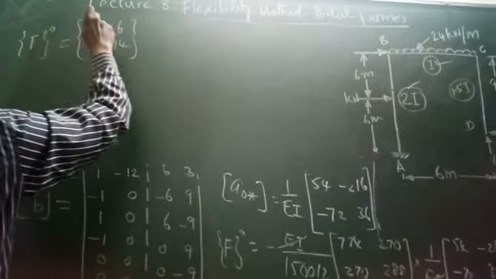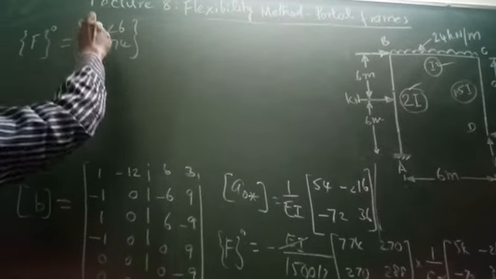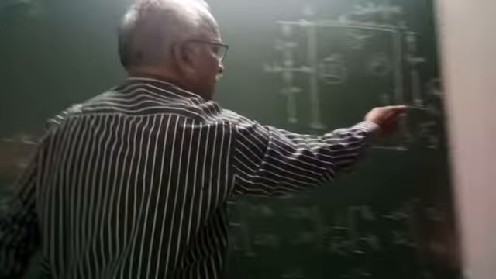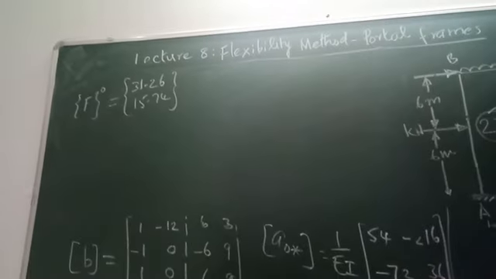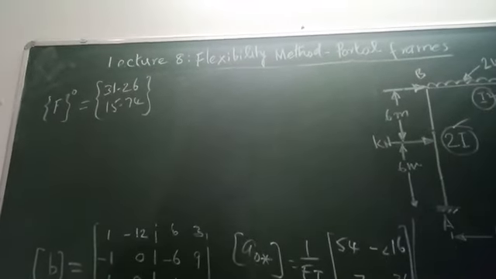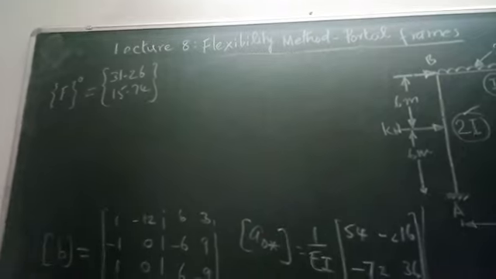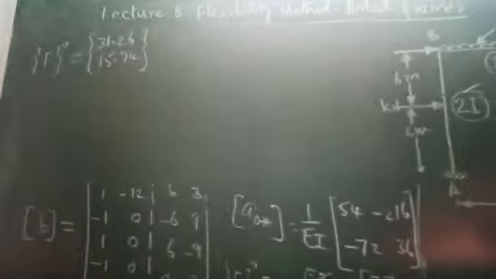So this will be the value of F3 naught, namely the vertical reaction, and the horizontal reaction F4 naught equal to 15.74. Those will be the redundant forces.